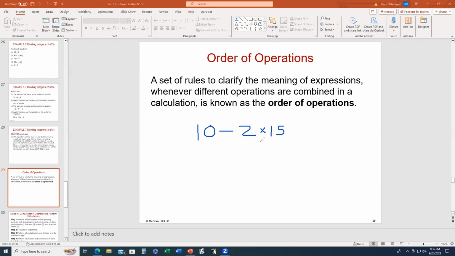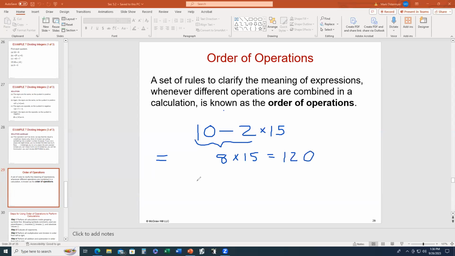What would we do first, subtract or multiply? Well, suppose in one country they believe that they should subtract before they multiply. What would be 10 minus 2? That's the same thing as 10 plus a negative 2, which is 8, correct? How about 8 times 15? That'll give you 120, I believe, correct?